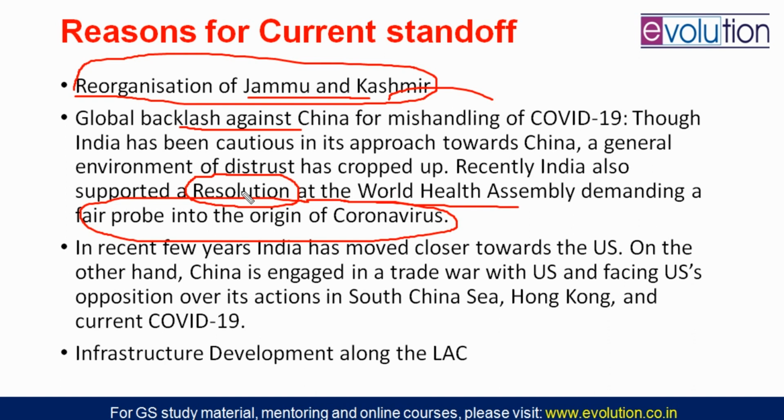But before China could support this resolution, India had already supported it. So that was a trigger point. People say that China was getting frustrated with India's position in this World Health Assembly resolution, where there was a demand for a fair probe into the origin of the COVID-19 virus.